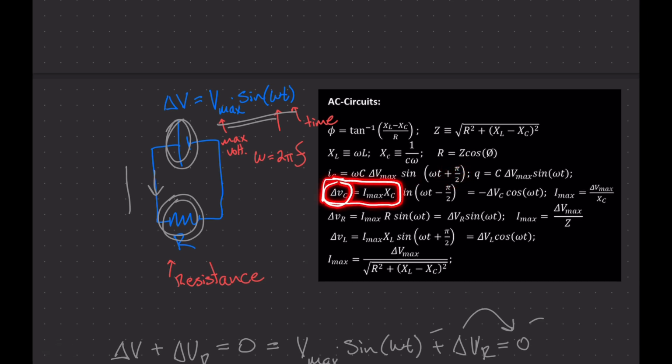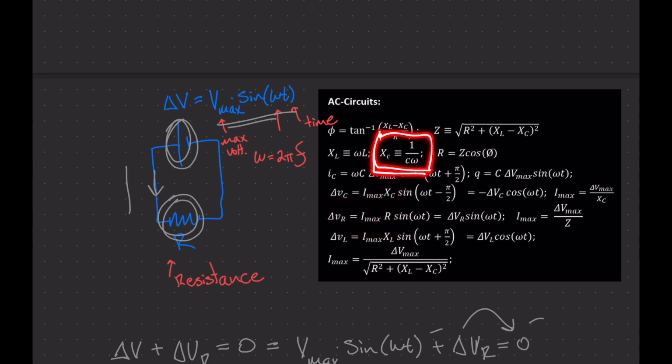We have V equals IR, where the R in this case is this XC, and if you plug XC in, it's actually 1 over C omega, the capacitance times the frequency of the AC circuit. And this type of Ohm's law is the same thing as the resistor Ohm's law. You just replace the resistance with the quote-unquote resistance of the capacitor, or the impedance, and they actually give that to you.